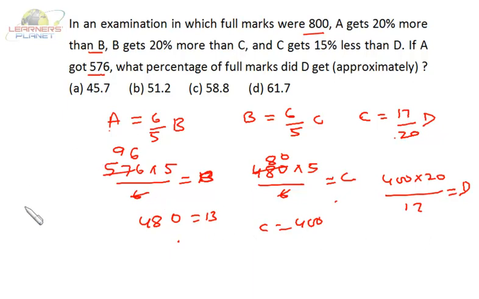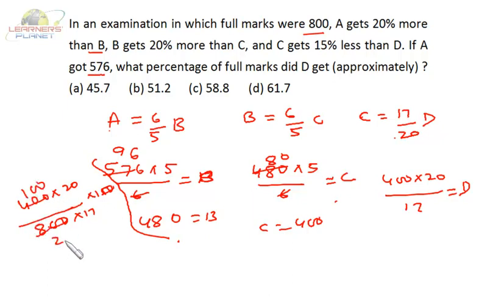Okay, now let's calculate. This is D's marks out of 800. So from 800, D is getting 400 into 20 by 17. So from 100, he must be getting these marks. Okay, so it's 1000 by 17%. Which must be around, I'm sorry, it must be around 58.8%.